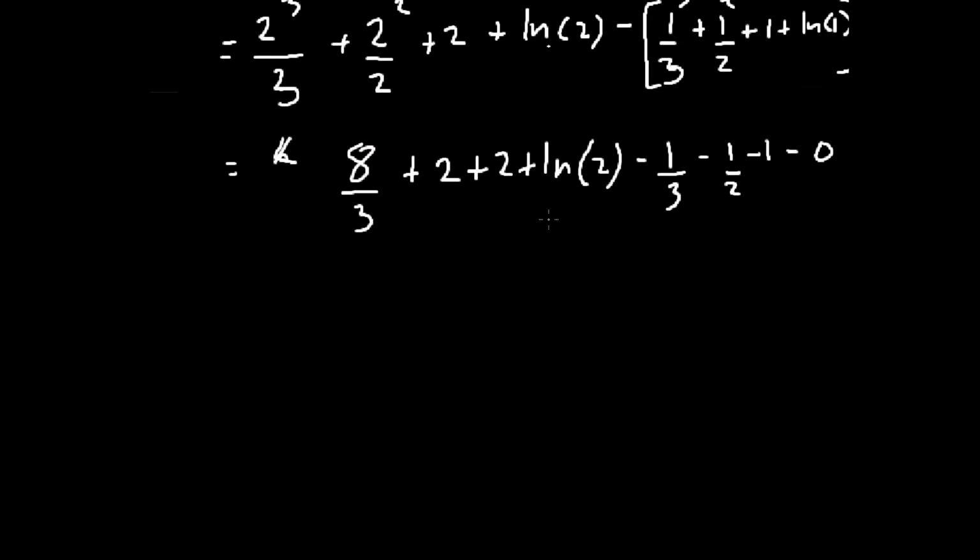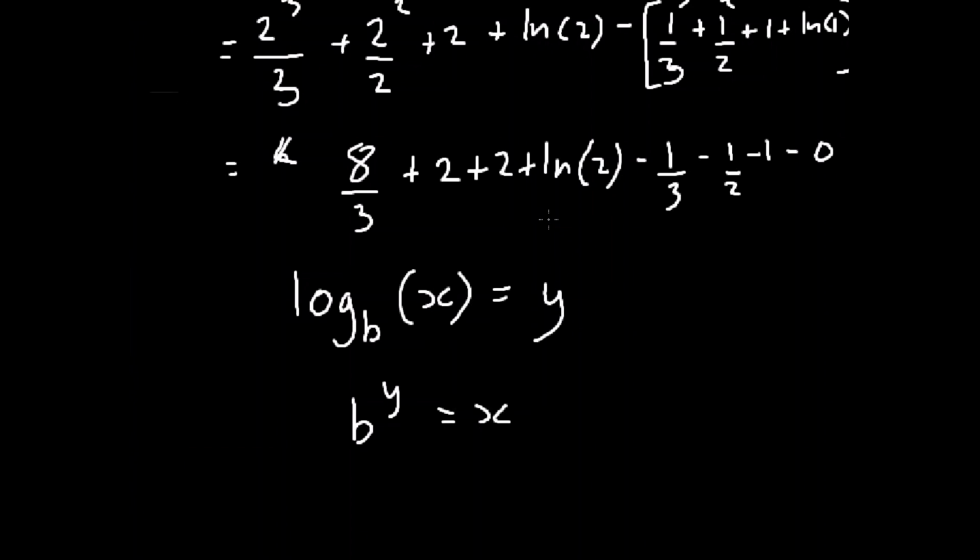If I've got a log base of x and y, that's like saying the base to the power of y is equal to x. So if I've got something that's equal to 1, that means that I have to raise it to the power of 0. So this value of y has to be equal to 0. So that's why it's equal to 0 in this case.